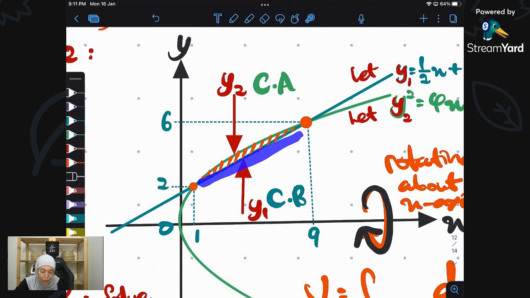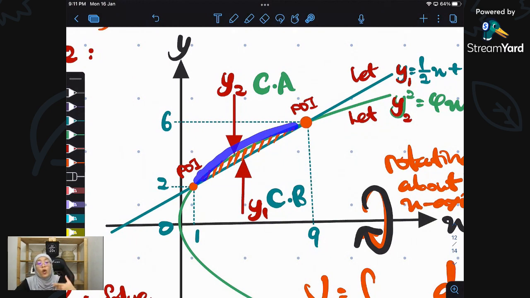So make sure you baca di antara dua POI ni sahaja. So this is our point of intersection. Make sure you read the curve atas ini adalah di antara dua POI ni saja. Jangan baca di luar-luar ni. Tak nak baca di luar POI.